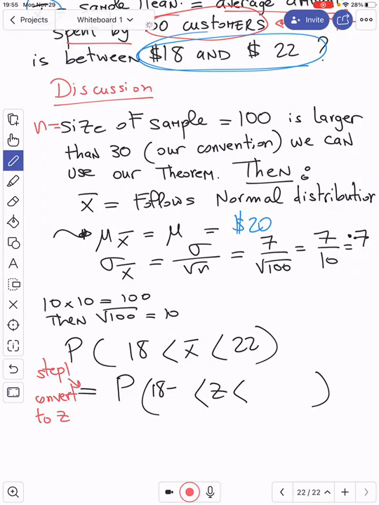So that's the same as the mean of X, that's 20. So 18 minus 20 over the standard deviation of X bar, which is 0.7, right? And it's the same for 22. So it's 22 minus 20 over 0.7.